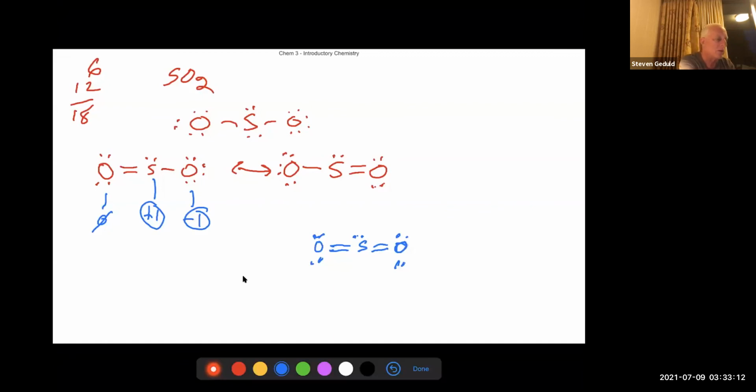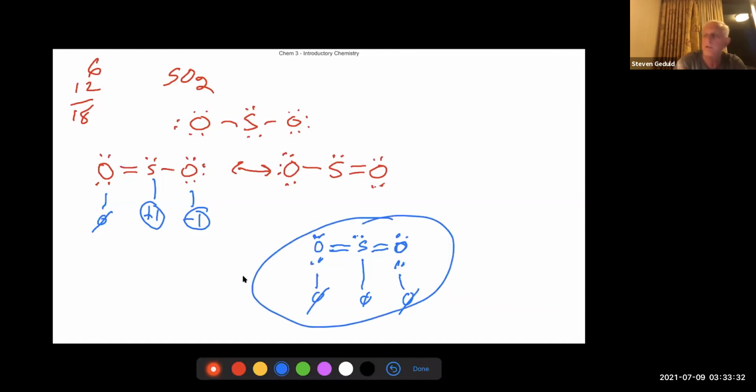So this oxygen has 6 minus 4 minus 2 is 0. Sulfur has 6 minus 4 minus 2 is 0. Oxygen has 6 minus 4 minus 2 is 0. So there's a Lewis structure in which all atoms have a formal charge of 0.